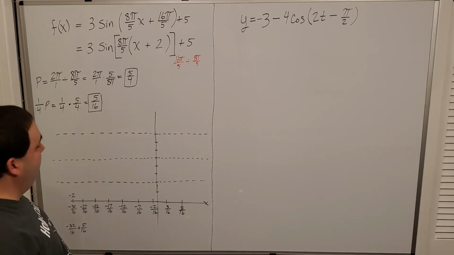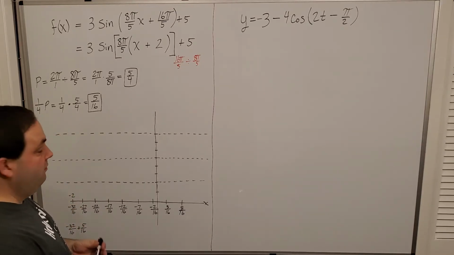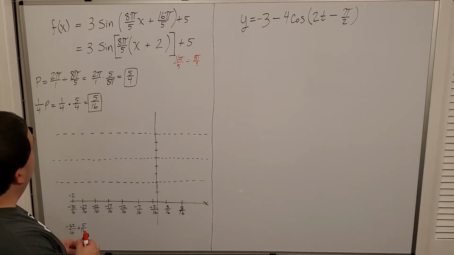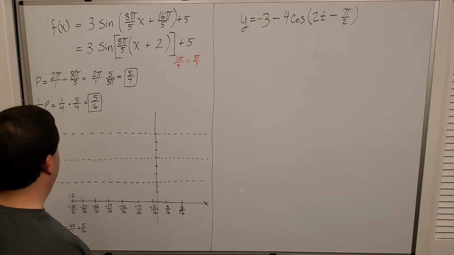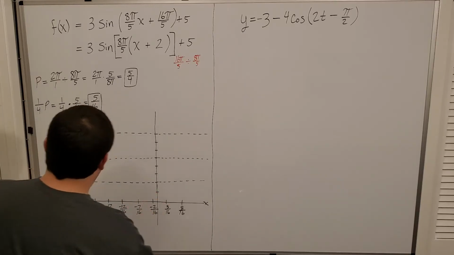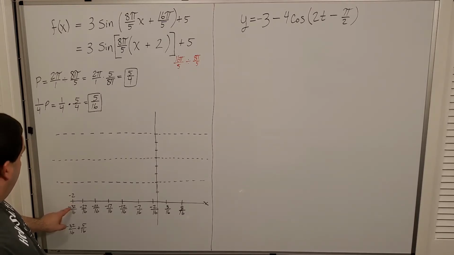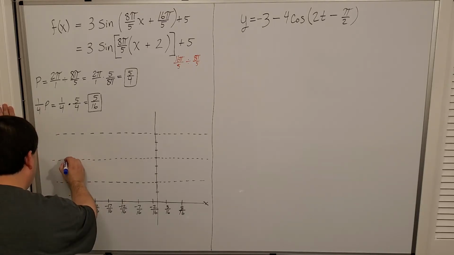So now I have everything labeled. I can simply just draw my function in. So then I have a sine function and I'm starting on this marker here. So remember, sine starts in the middle. On this marker right here, I'm going to be right here.